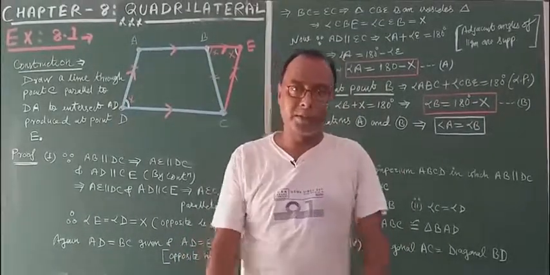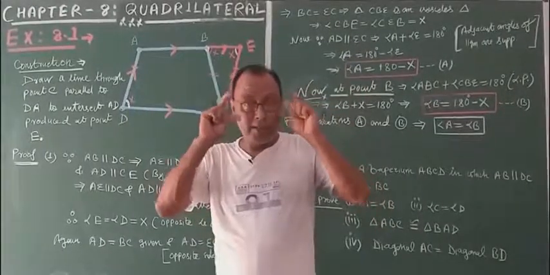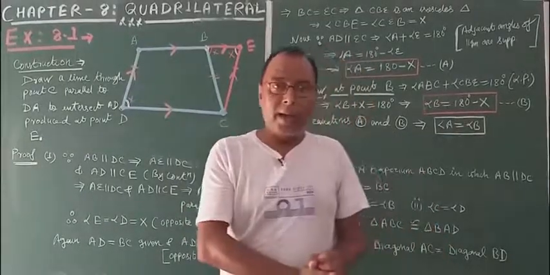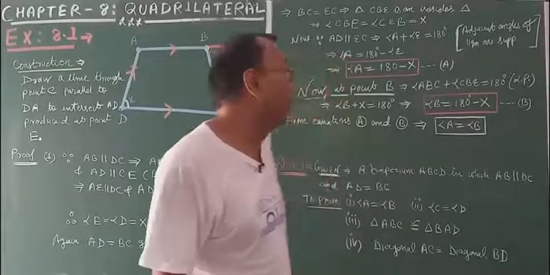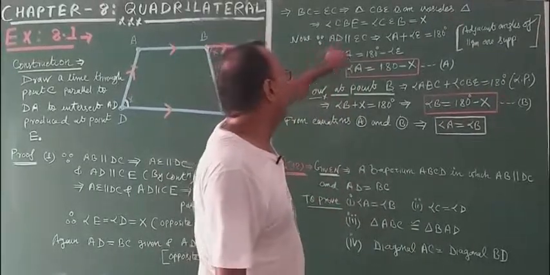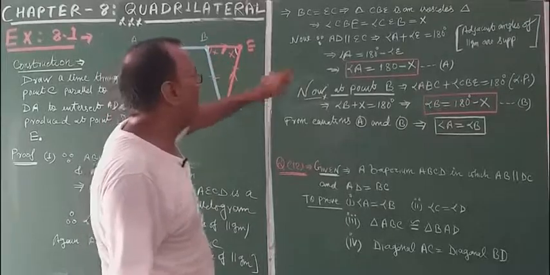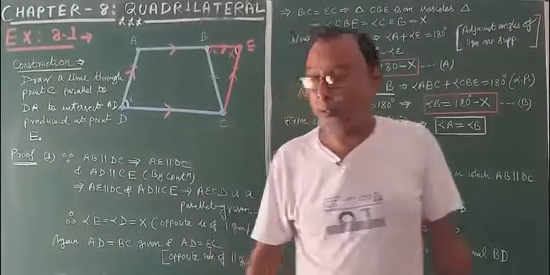These are the theorems. Either you can say that base angles of an isosceles triangle are equal or angles opposite to the equal sides of a triangle are equal. In this way we can say that angles CBE and CEB are equal. Is it okay? Now coming to the next point.